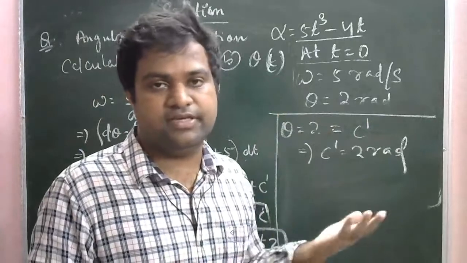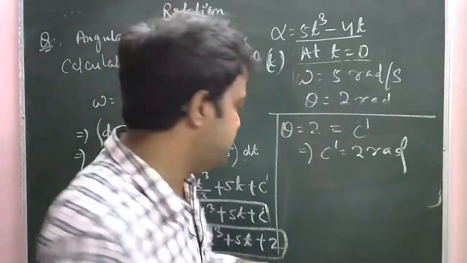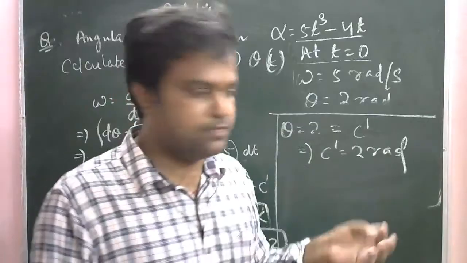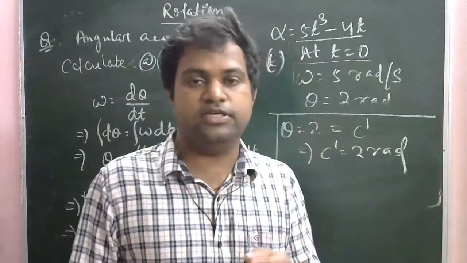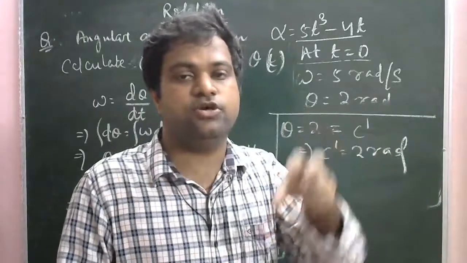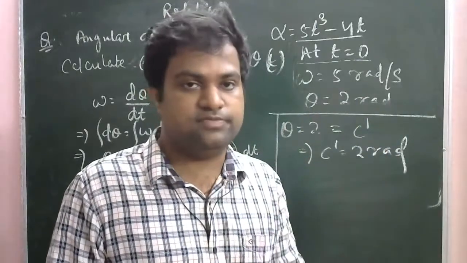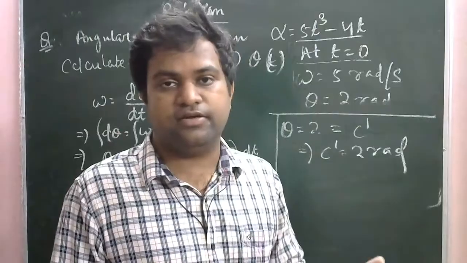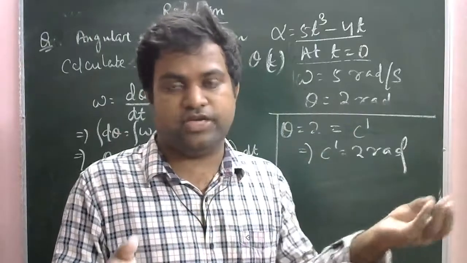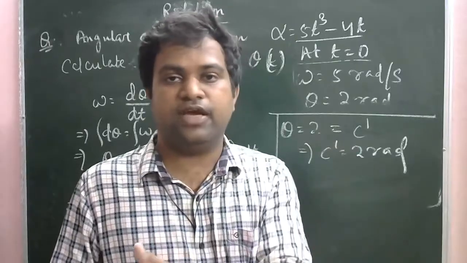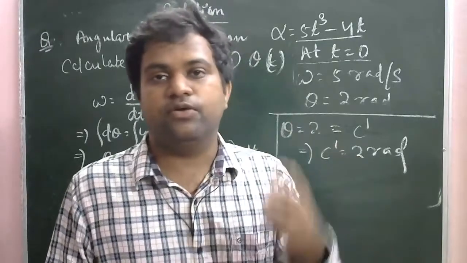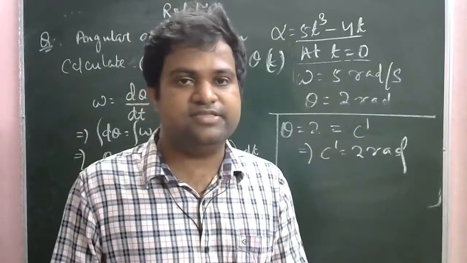We have one equation for your omega, angular velocity. So at time t is equal to 5 seconds, what is the angular velocity? Someone will ask. Once your expression is ready, you just put the value of t in that equation and you will calculate the angular velocity at that time easily.